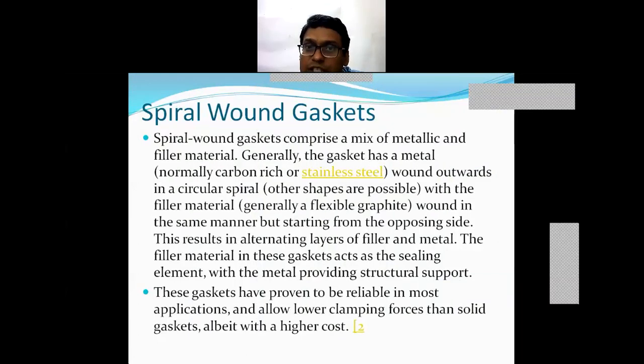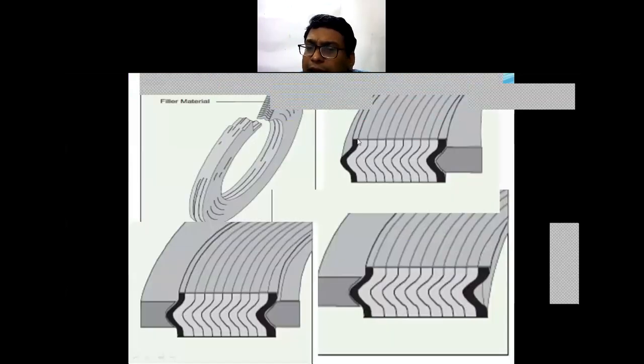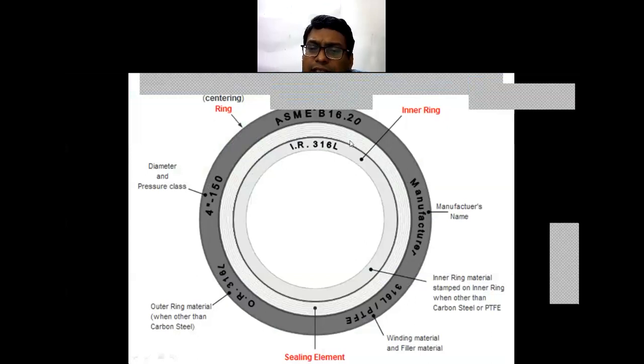Then these are your spiral wound gaskets. All these are called spiral wound gaskets, because there is a spiral winding, and the spiral sealing element is nothing but a spiral winding. So this is the winding material. It's a spiral winding, prepared in different layers.